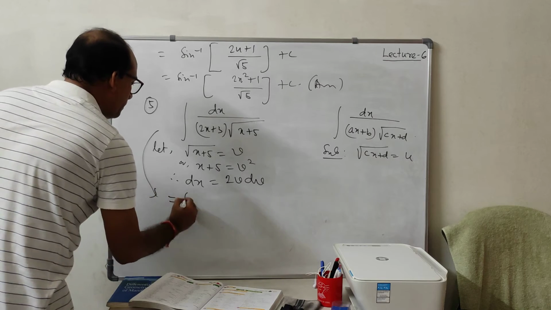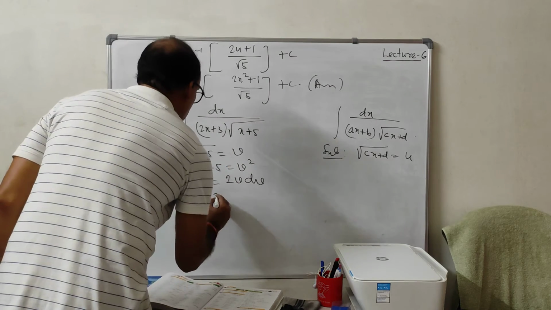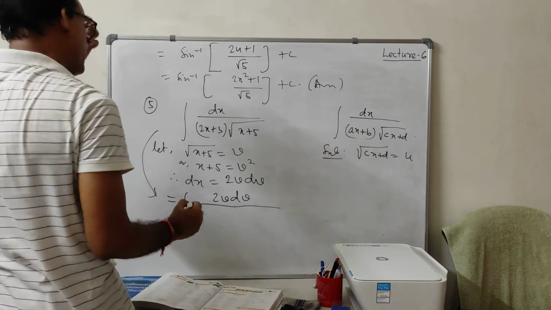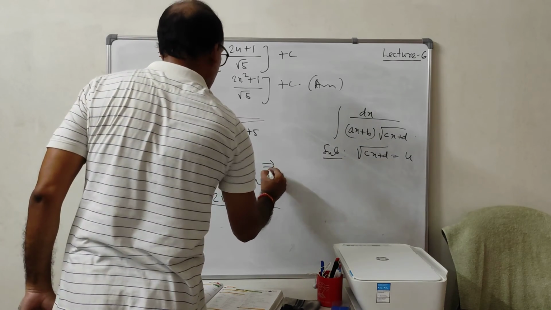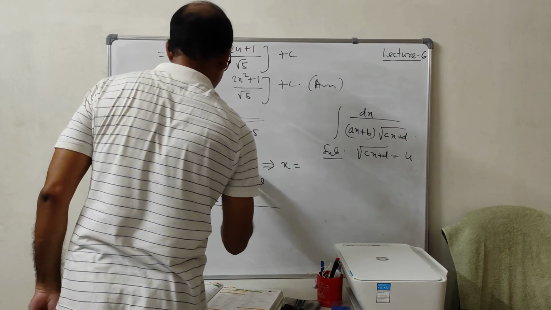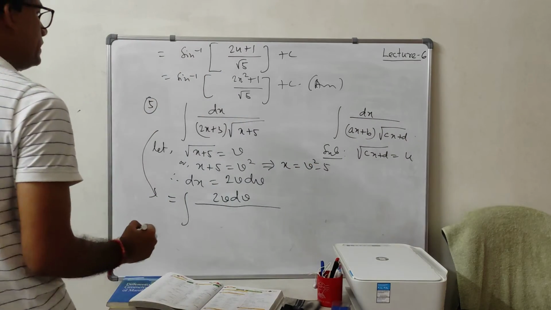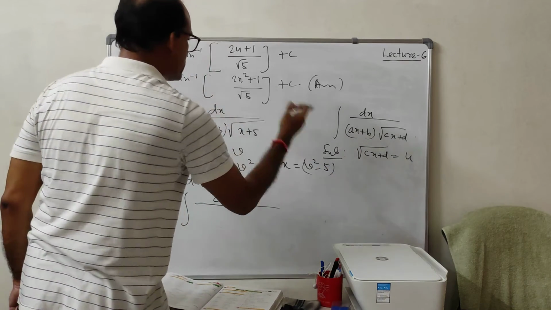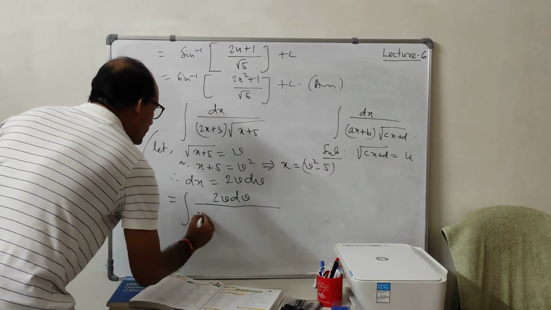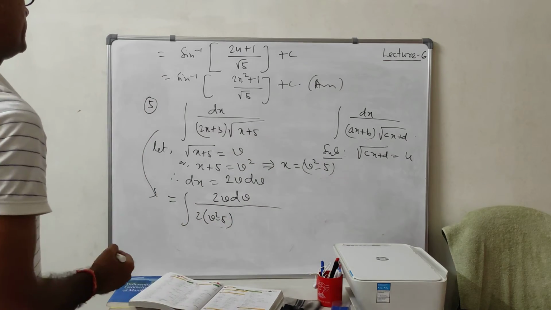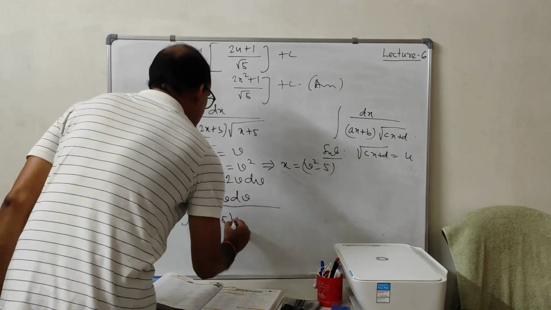So this will become then 2v dv in the numerator. And see what is x. If you find the value of x from the second line, you will get v square minus 5. Okay? So just put x as v square minus 5. 2 into v square minus 5 plus 3.